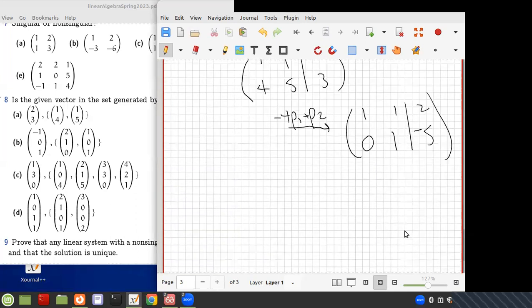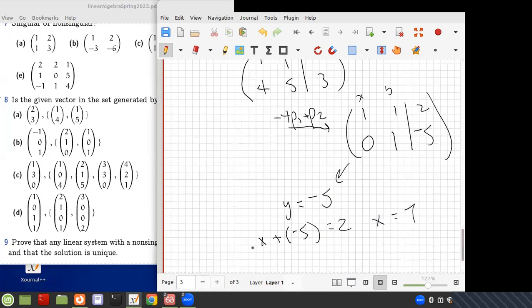So it's in echelon form. Then I have to translate it back to equations to do back substitution. This is the x column, the y column. So the second equation is y equals minus 5. Therefore, the first equation is x plus minus 5 equals 2. So x equals, adding 5 to both sides, 7.